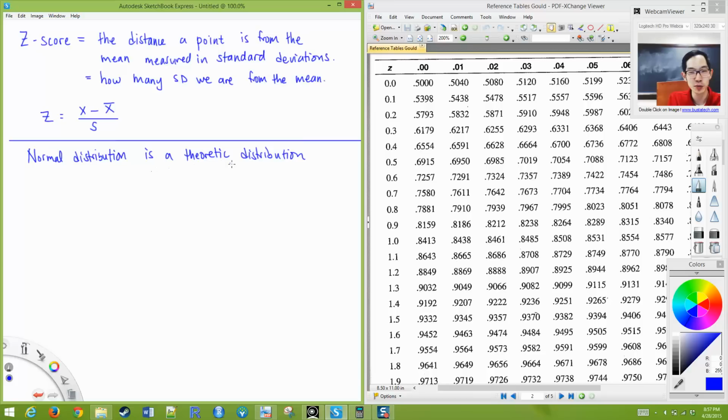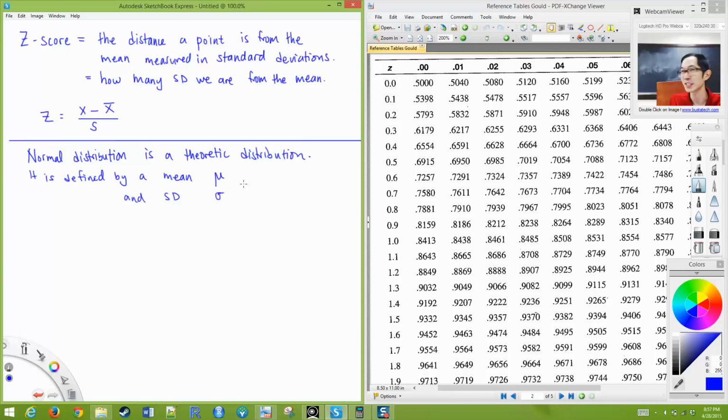The z-score is still the distance from the mean in standard deviations.